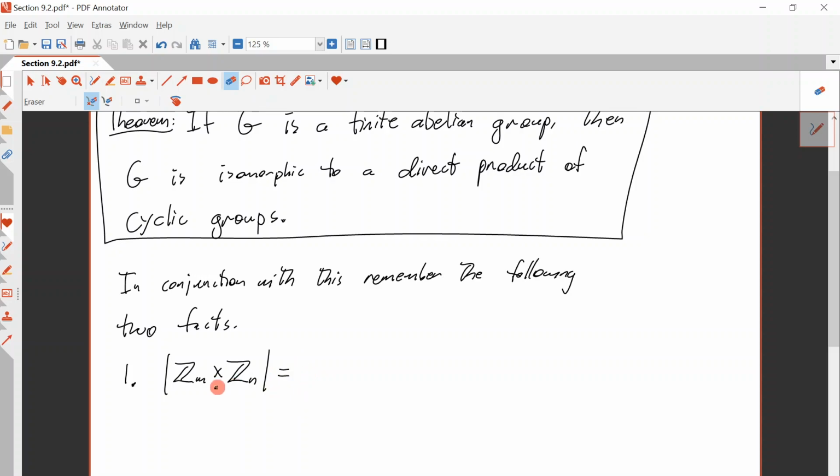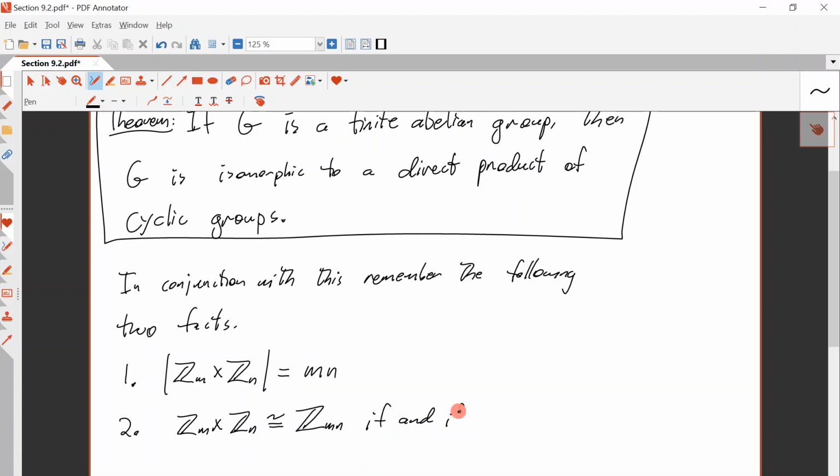The order of these two is mn. Two, the cyclic group Zm cross the cyclic group Zn is isomorphic to Zmn if and only if, and we proved this last semester, the GCD of m and n is 1. Okay?